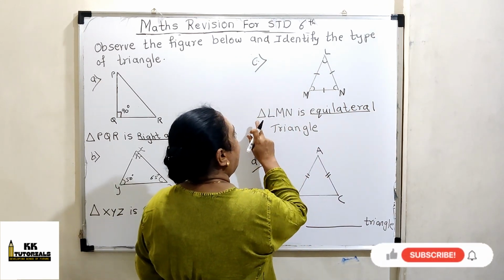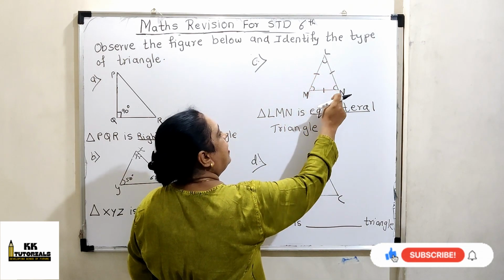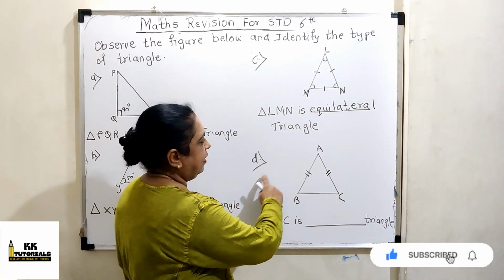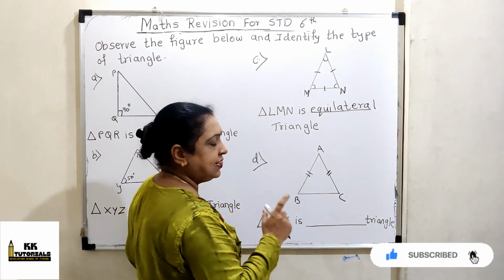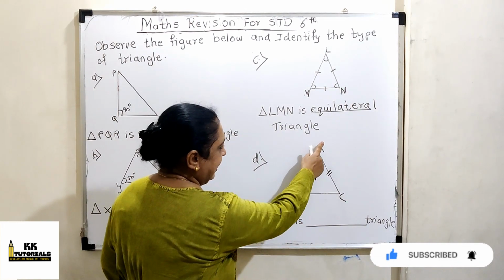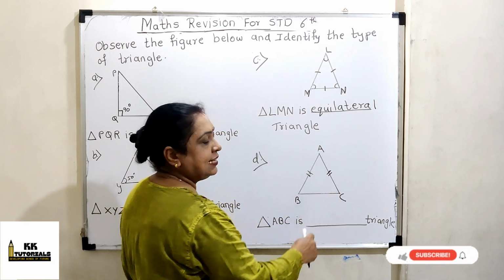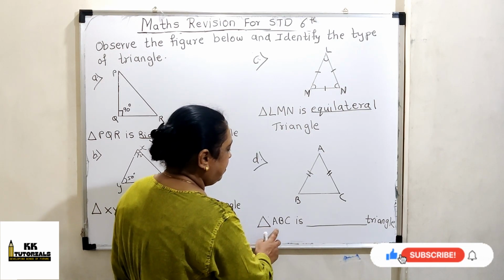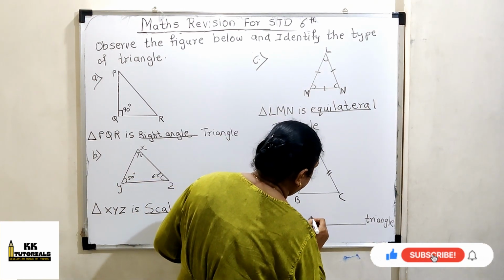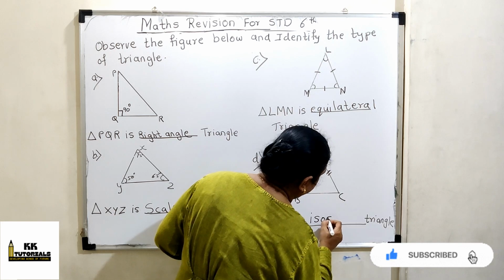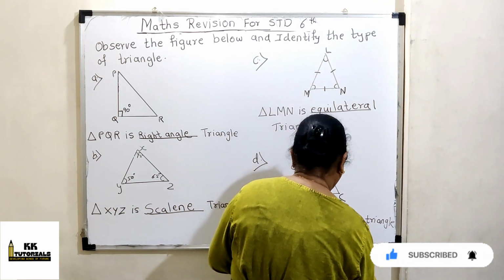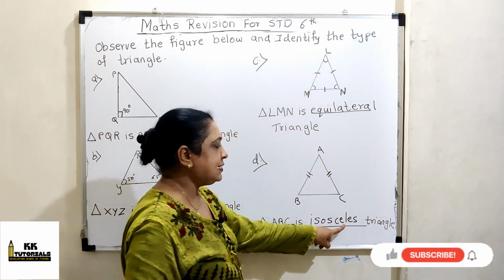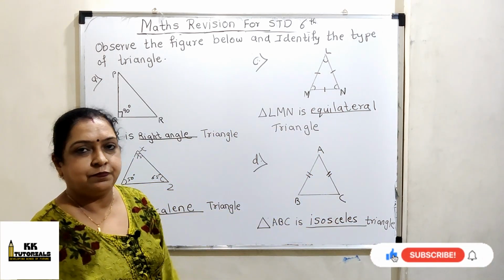Triangle LMN is an equilateral triangle. Now, fourth one. Triangle ABC. In this triangle, this side AB and AC are of equal length. Okay. So triangle ABC is an isosceles triangle.